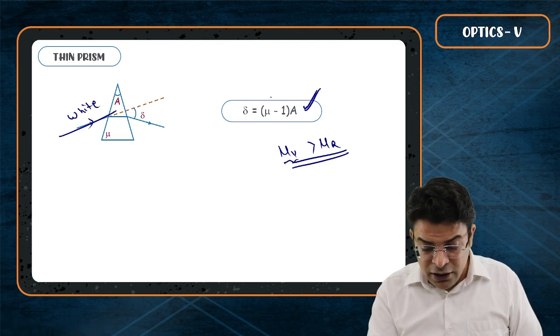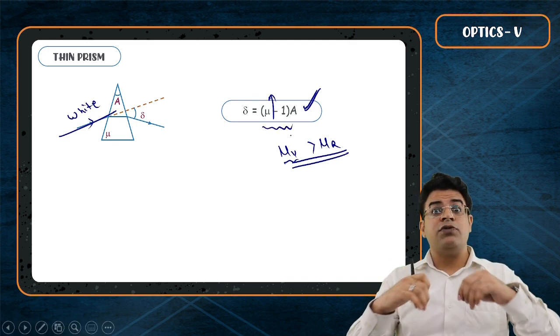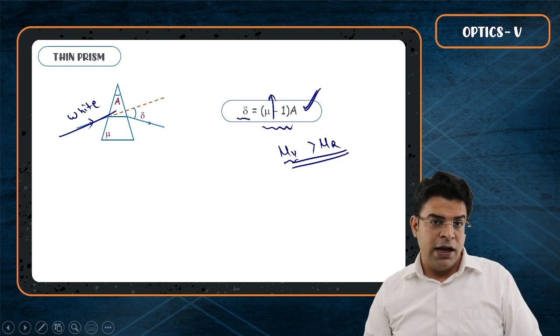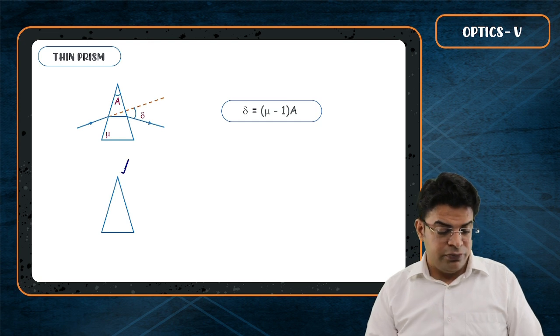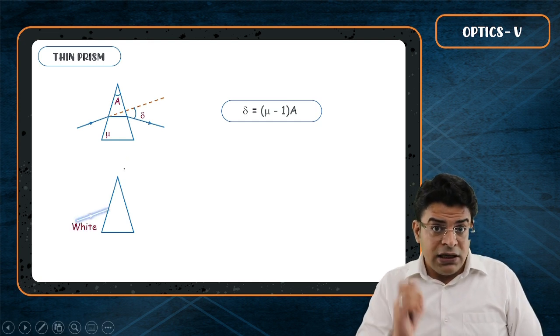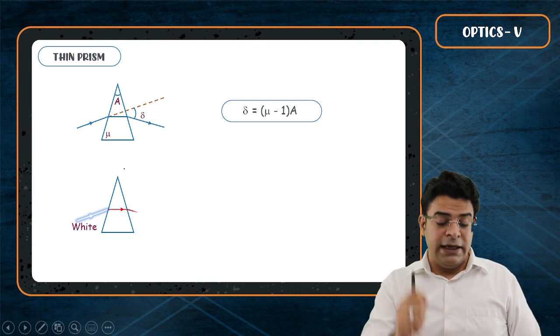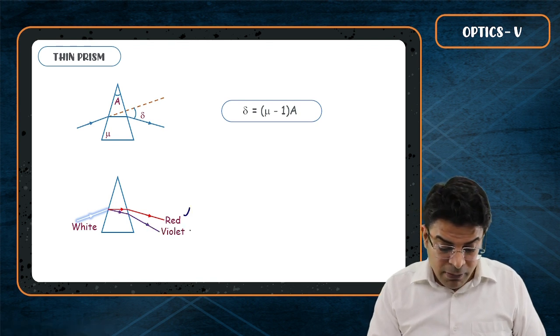Violet has a higher refractive index, so the value of mu minus 1 will be greatest for violet, and hence the deviation will be highest for violet. And the deviation will be least for red. So if you have a thin prism and you shoot white light over it, then since the refractive index is highest for violet, violet light bends the most and red light bends the least.